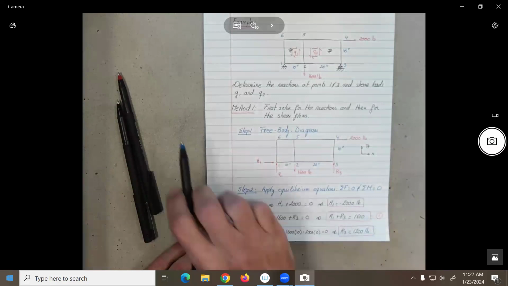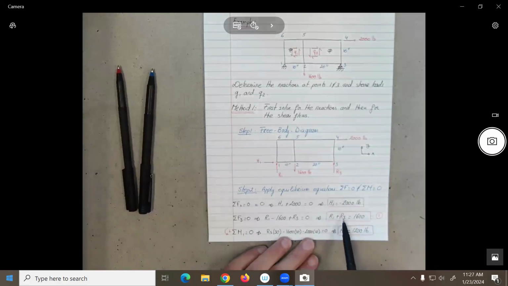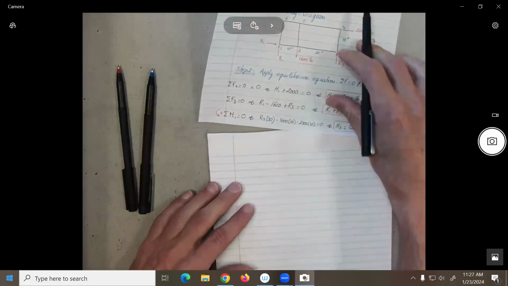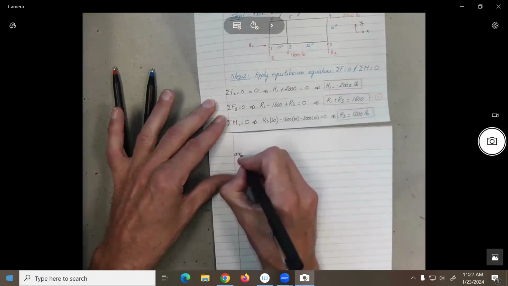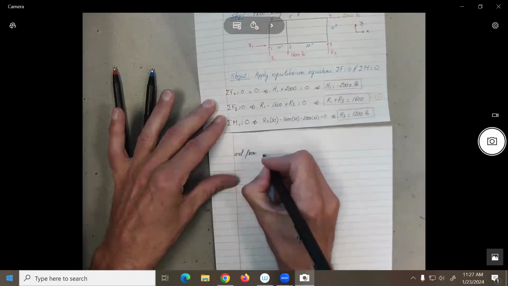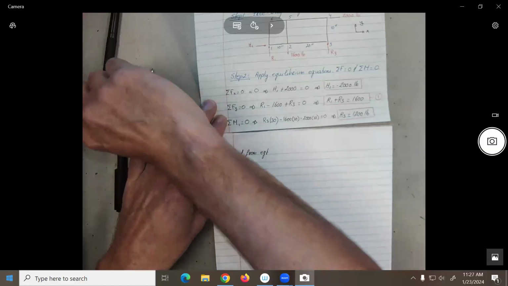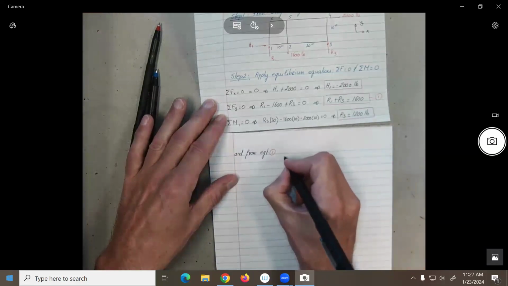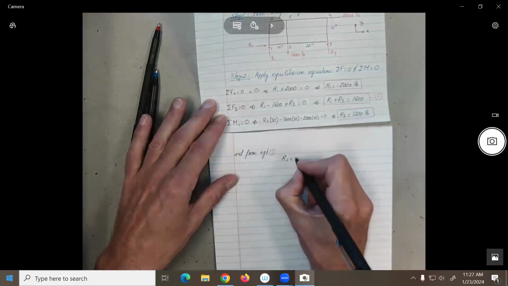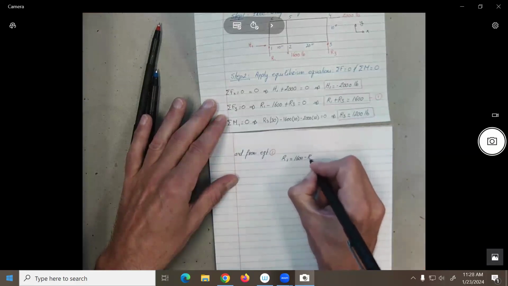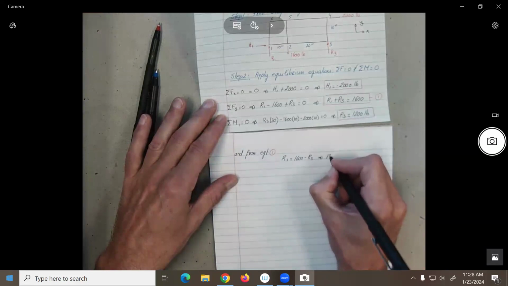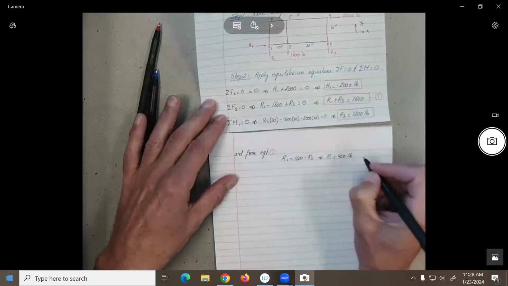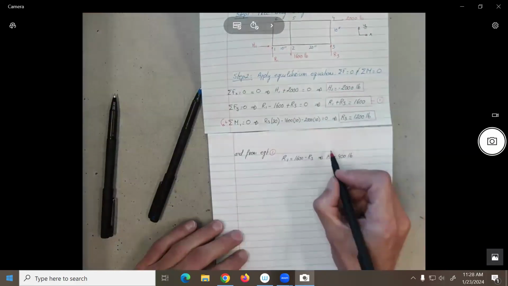Using equation 1, what can you say? You can say that R1 will be equal to 1600 minus R3, which will mean that R1 will be equal to 400 pounds.